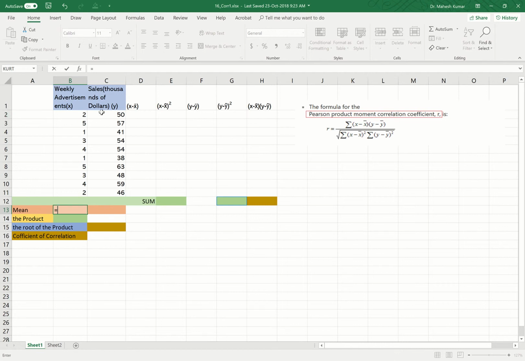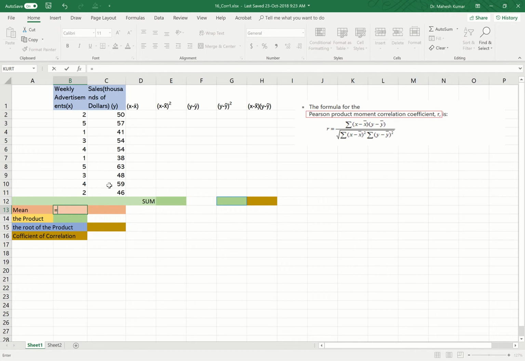And the resulting sales for those weeks is regarded as variable Y. So we have two variables: variable X, the number of advertisements during the week, and the sales, which shows the $1,000 worth of sales during that week. We are trying to establish the correlation between these two variables.